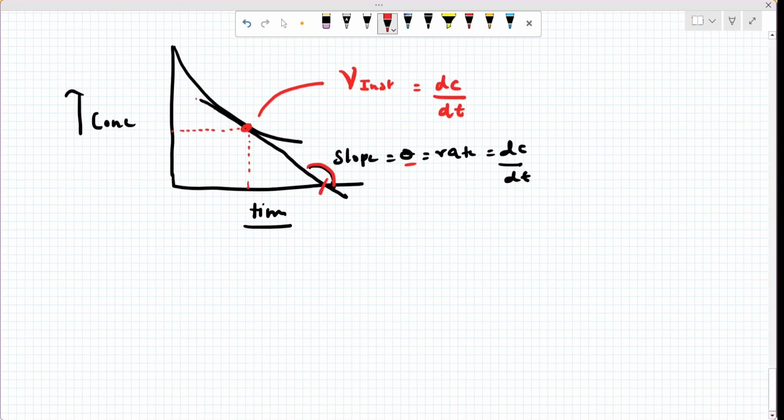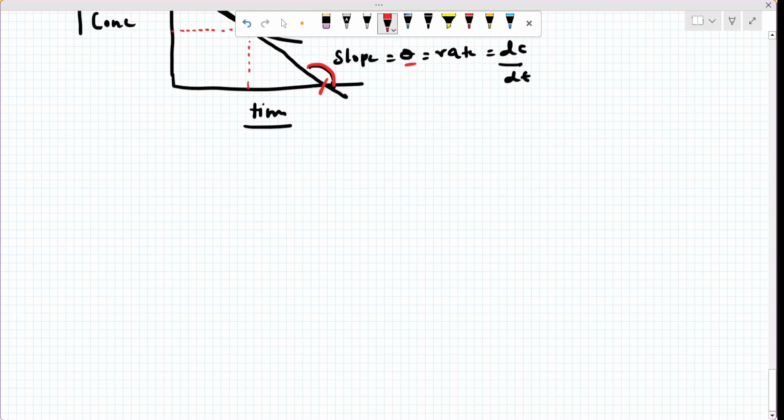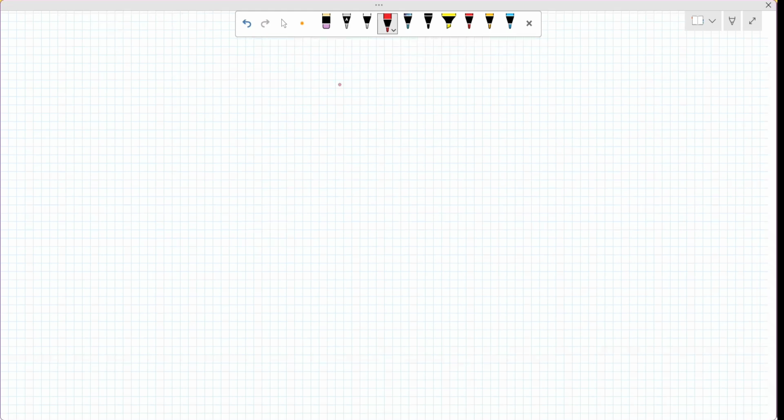Now we have to enter the main topic. Please note, the topic is rate of appearance and rate of disappearance.